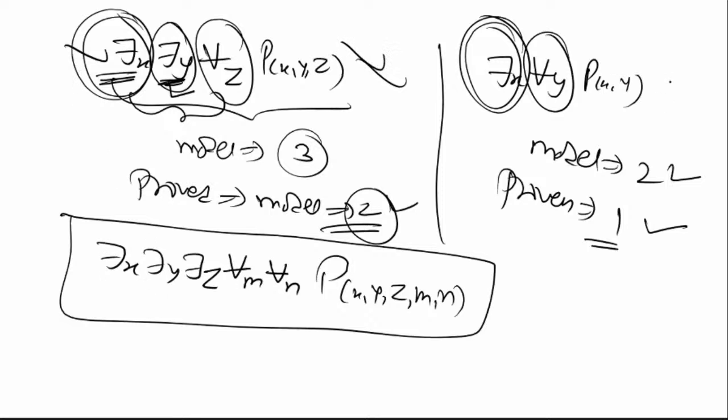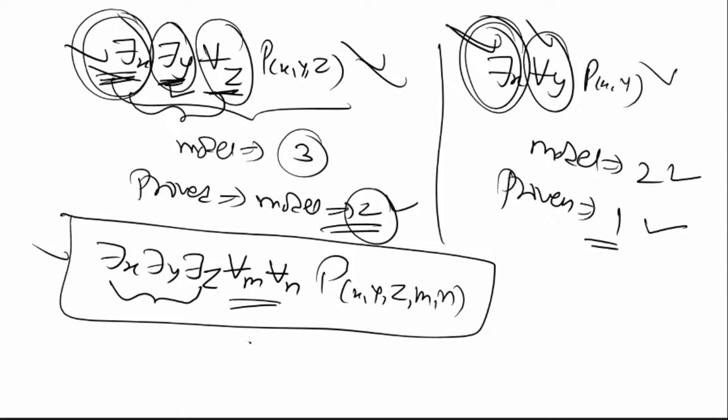Remember this pattern, because here also we have a sequence of there exists, there exists, there exists, then a sequence of for all. Similarly here, a sequence of there exists and a sequence of for all. Here also a sequence of there exists followed by a sequence of for all. So all these three formulas have the same pattern.